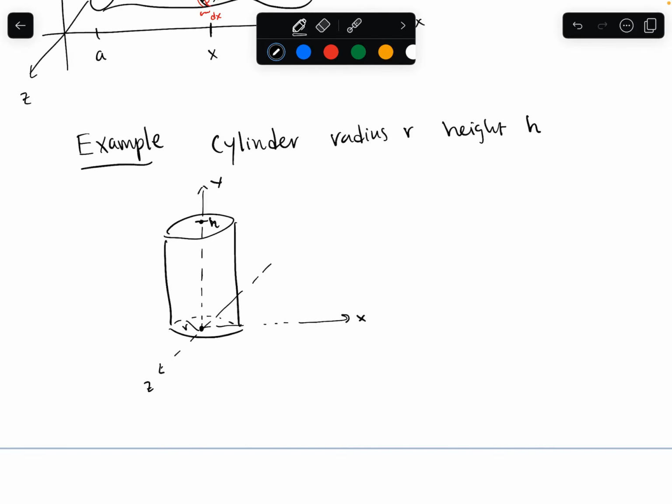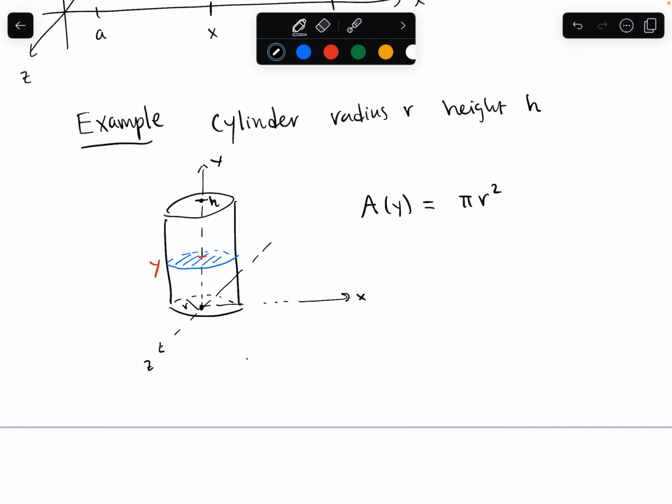And so when you look at one of these cross sections, in blue here, at the height y, the area of the cross section at y is just pi times the radius squared, because you just have a circle of radius r at the cross section, and that's the area of a circle of radius r.